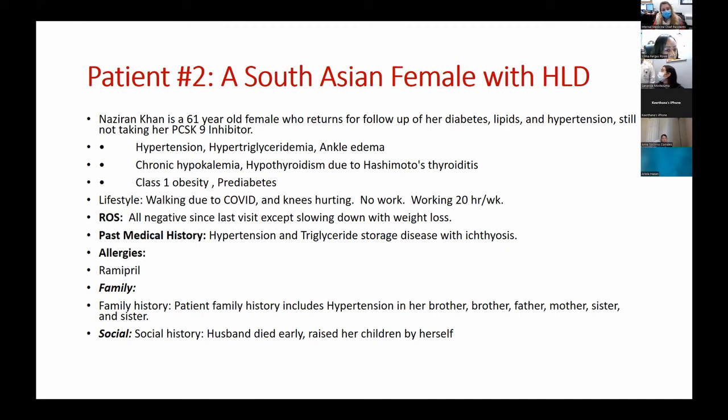We prescribed the PCSK9 inhibitor several months ago, and every time she comes back, she's not on the PCSK9 inhibitor, okay? And I'm going to kind of speed through this, but she has a family history of hypertension, and her social issues: her husband died early, so she raised her children by herself.